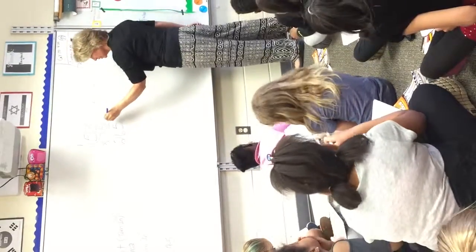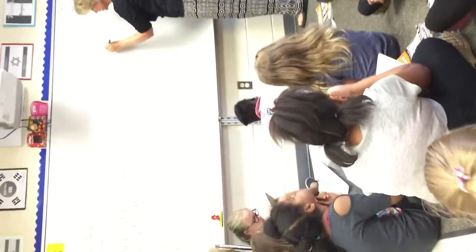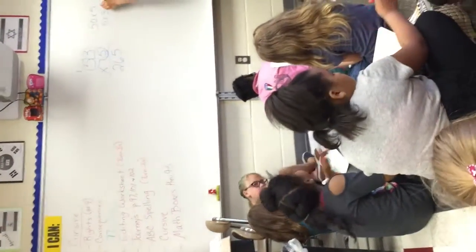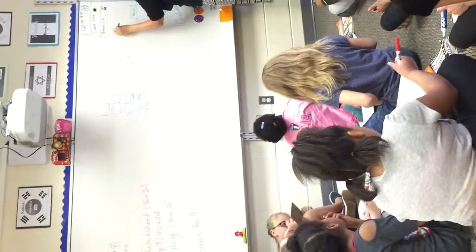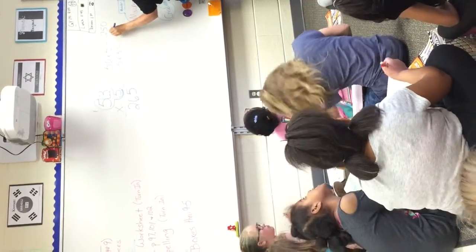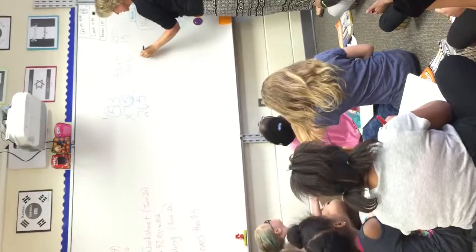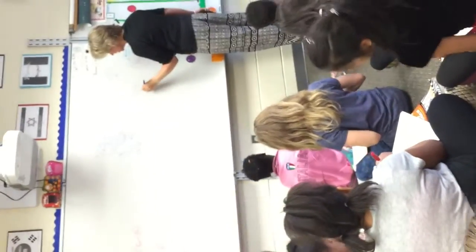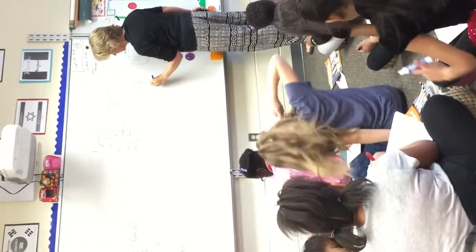Alexis. 5 times 3. What's 5 times 5? 25. And do I add how many zeros? 1. 5 times 3 is? 15. And then I say 250 plus 15. 265. Look at that, we got the same answer.